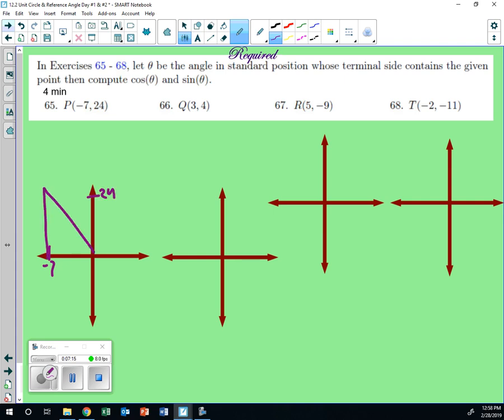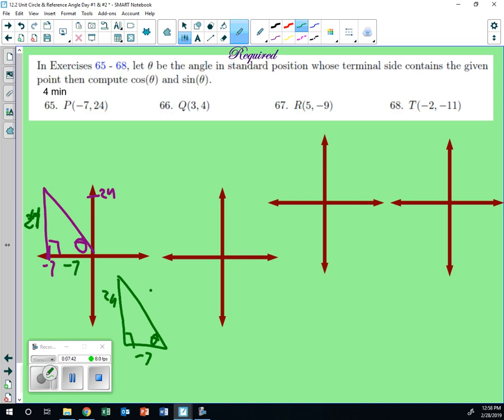Now this is the triangle that you're going to have. This is going to be 7 and 24. And then this is 7. So this is 24, this is negative 7.